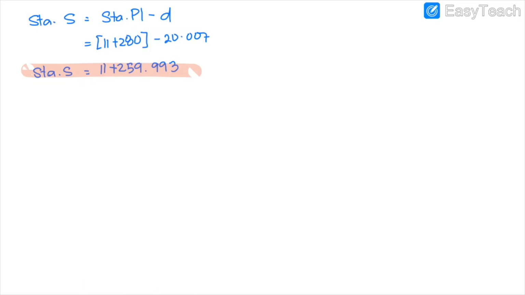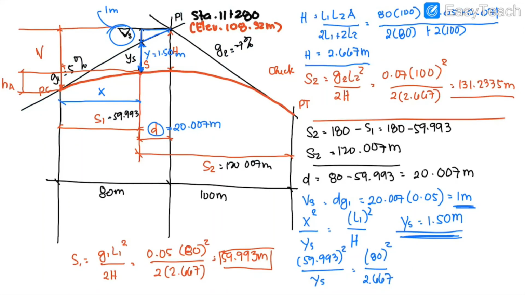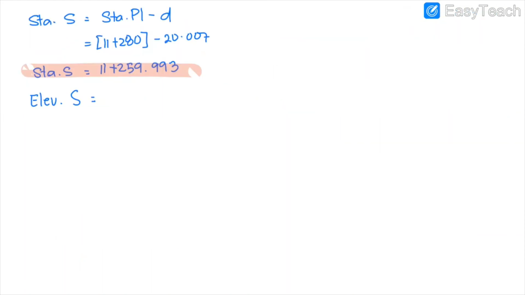But, how about the elevation? Elevation of S is basically, sa ating figure, mapapansin ninyo, that is PI, elevation ni PI, minus ni VS, minus ni YS. So, elevation PI minus VS minus YS.